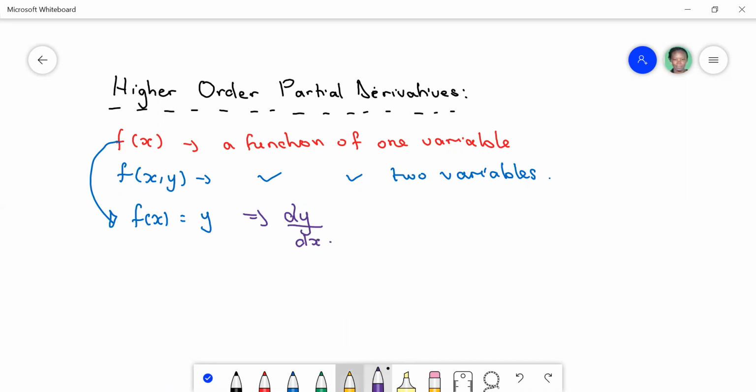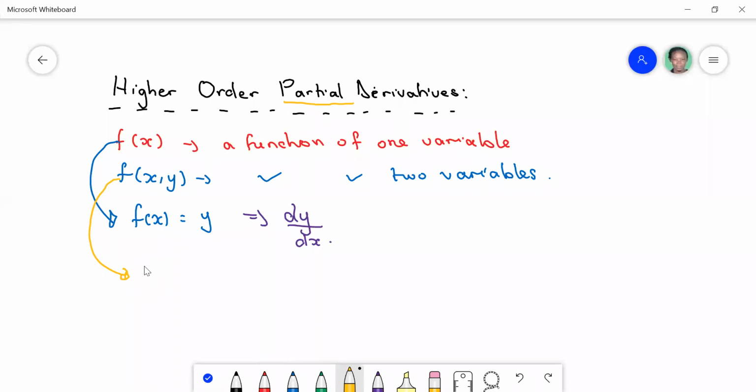But this time, with a function of two or more variables, you have x and you have y as well. Because you have x and y, it means you are looking at two derivatives in one. That is where partial derivatives come in.